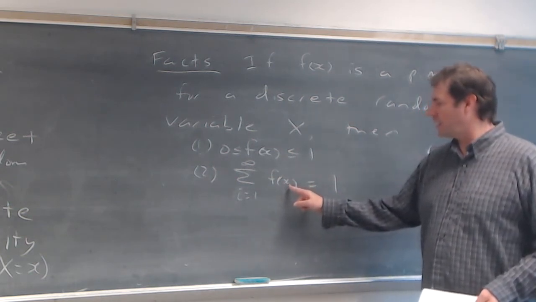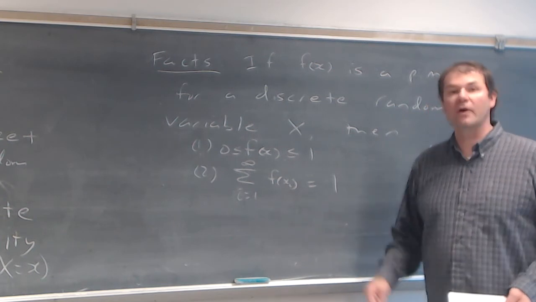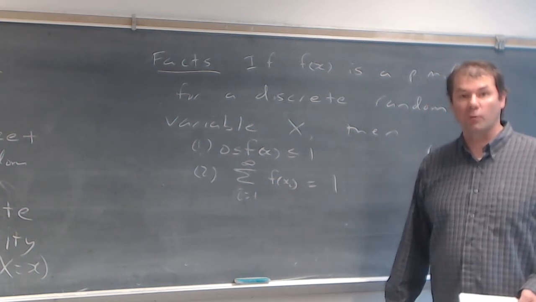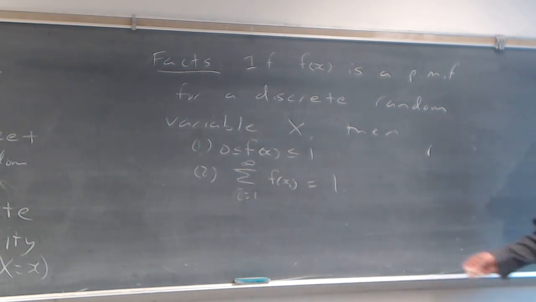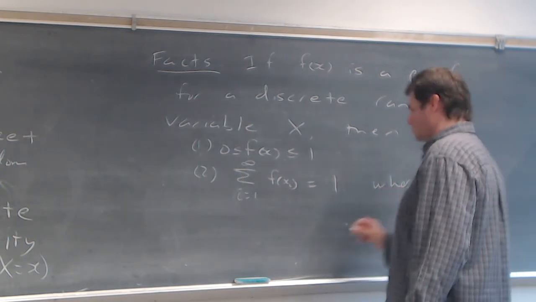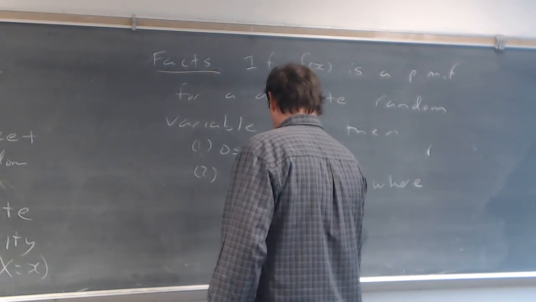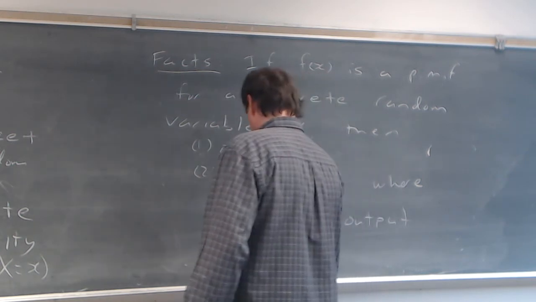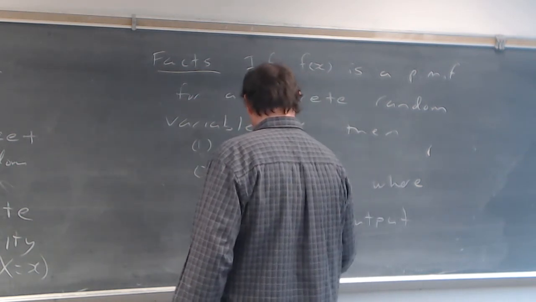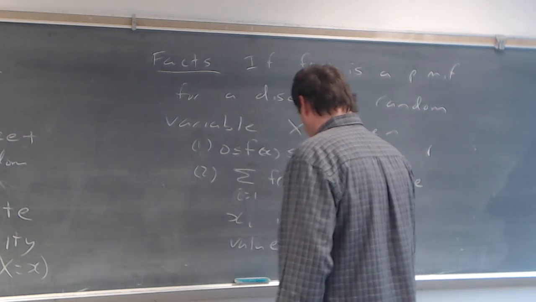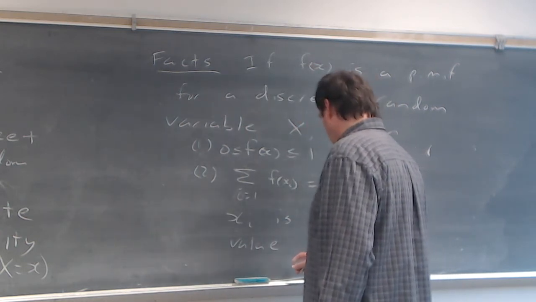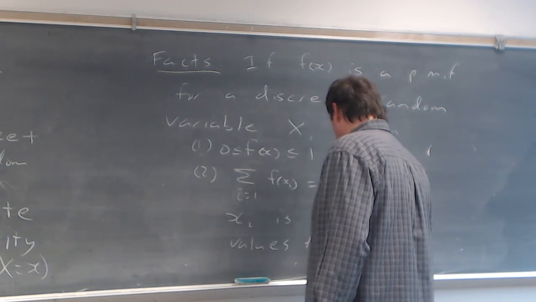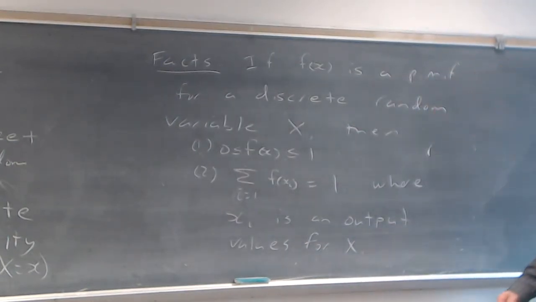What we understand as the x of i's is those are output values for the random variable X. Here, I'll just say as i runs from 1 to whatever it runs to. Okay, that's a nice way of putting it. All right, let's look at our example.